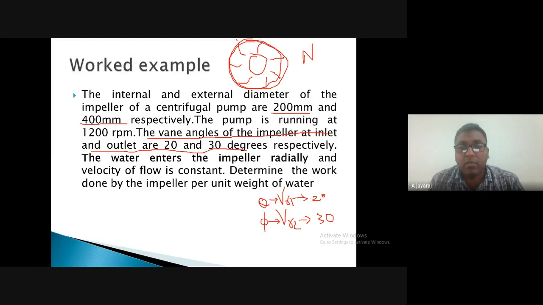The water enters the impeller radially. When we say the word radially, it means that alpha is equal to 90 degrees. Alpha is 90 degrees means the absolute velocity v1 is perpendicular, so v1 is equal to vf1, the velocity of flow at the inlet.